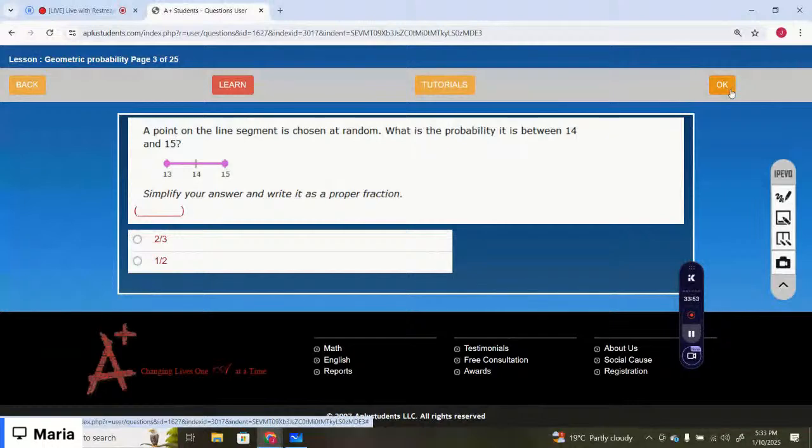That is 14 and 15, that is one out of two. Option number two is the correct option.